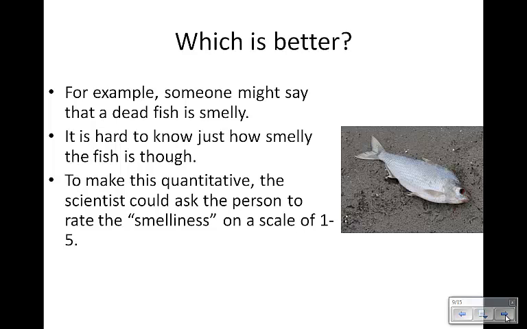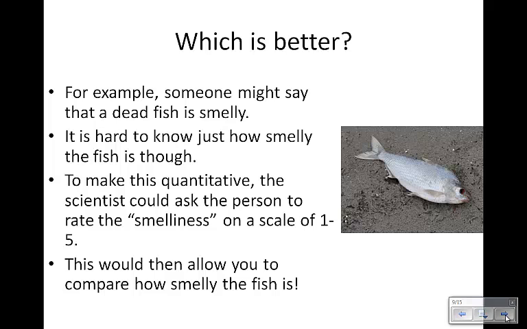The trick that scientists use is they need to determine what is a smelliness of 1 and what's a smelliness of 5. And everybody has to understand the scale in order to make an appropriate rating of the smelliness of this fish. So maybe a 1 would be, you can barely smell it, and a 5 would be a totally knock you on your butt stink.